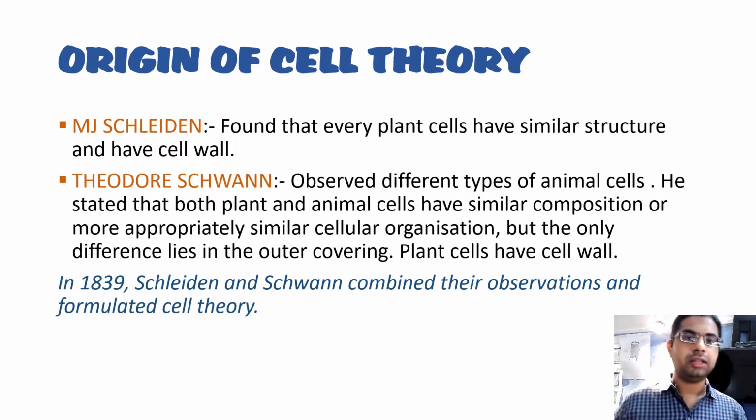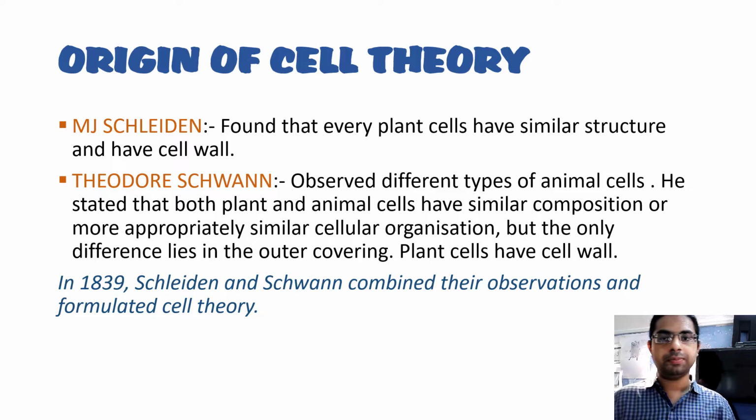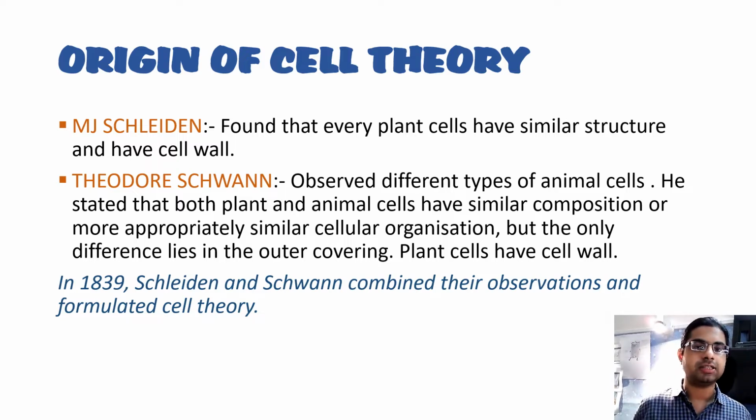Origin of cell theory. M.J. Schleiden found that all plant cells are similar in structure and have a cell wall. Theodor Schwann observed that plant and animal cells are similar in structure and composition, but they differ in the outer covering: plant cells have a thick cell wall, whereas animal cells don't have any cell wall.